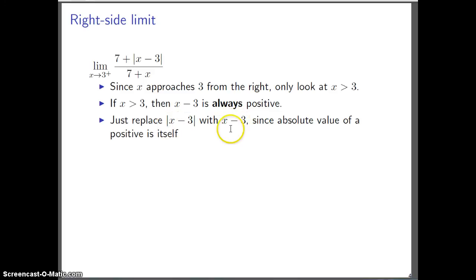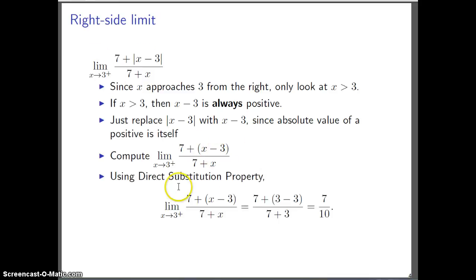And since x minus 3 is positive, the absolute value of x minus 3 is just the same thing as x minus 3. So to compute this limit, all you do is replace the absolute value of x minus 3, since we know based on the type of x values we're considering, this is just the same thing as x minus 3. So this limit should just be the same thing as this limit. And you can compute this using the direct substitution property.